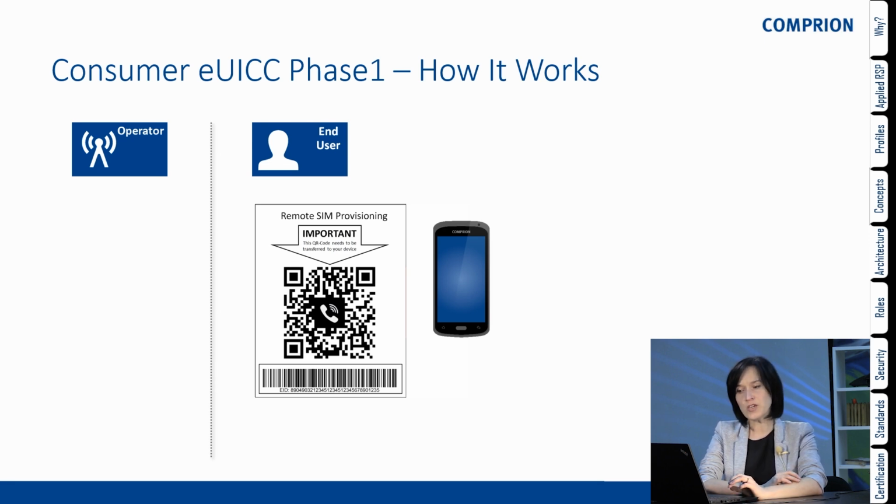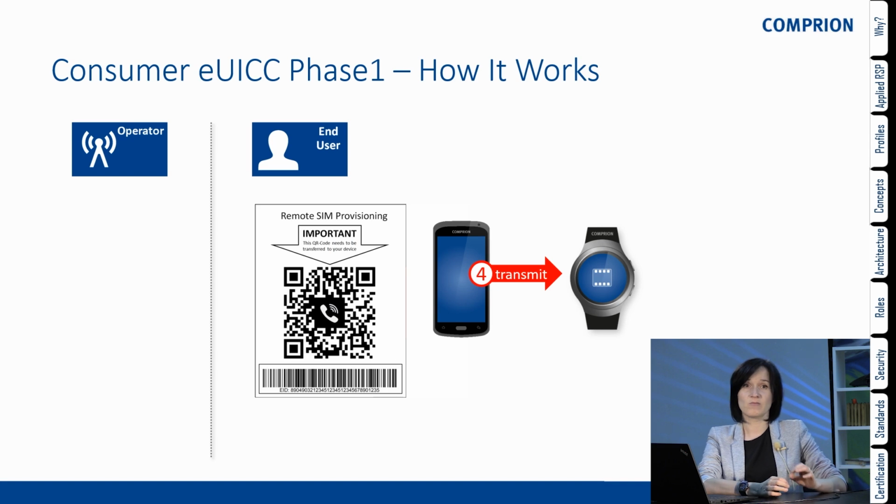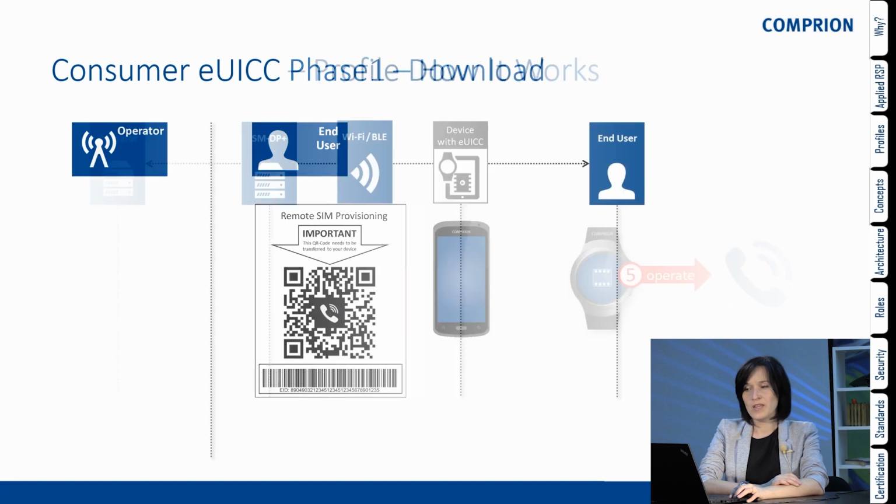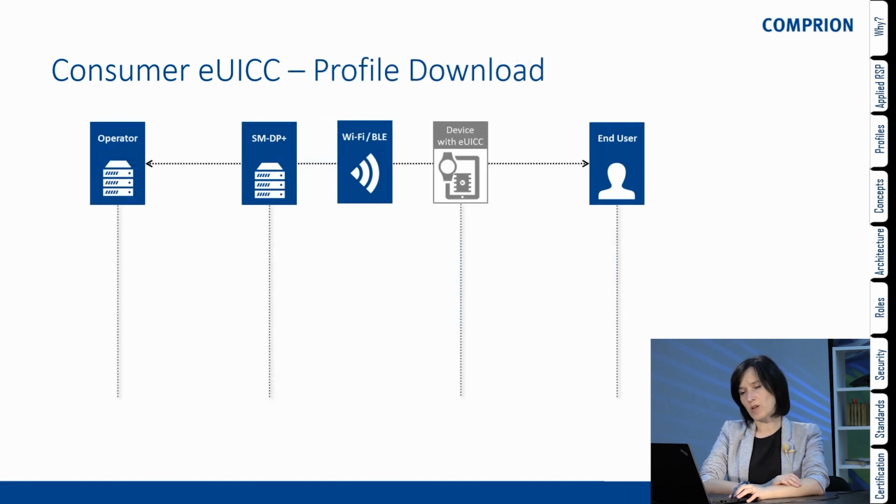And then this activation code, containing the SMDP Plus address to connect if it's not there by default, was transmitted to the smartwatch. Okay, and then after the activation or enabling, it can be operated, so phone calls can be used. Meaning in terms of technology and components, the first step was visible to the end user.